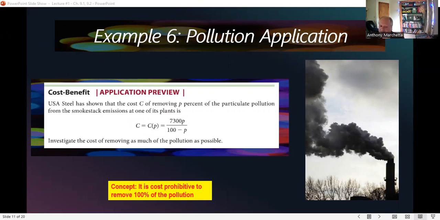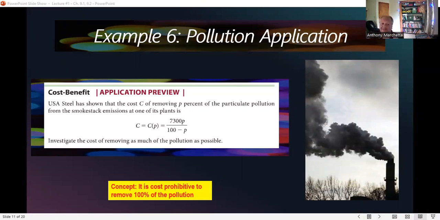So think about that expression, as much as possible. Removing as much pollution as possible means, wouldn't it be great if I could remove 100%? And maybe I can, but even so, I'm going to talk about as much as I possibly can, which is more so the limit as I'm approaching 100 is what we're really talking about.